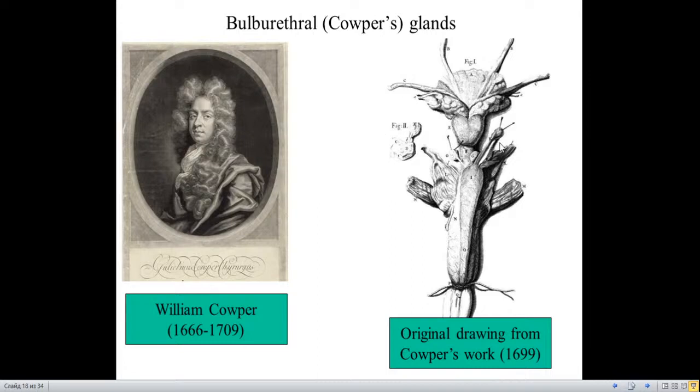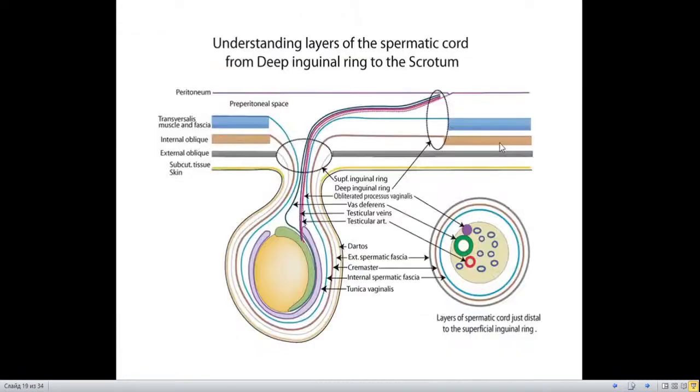These glands are exocrine, and their secretion opens into urethra, where it moves through bulb of penis, and its secretion lubricates surface of male urethra to lighten passage of semen.